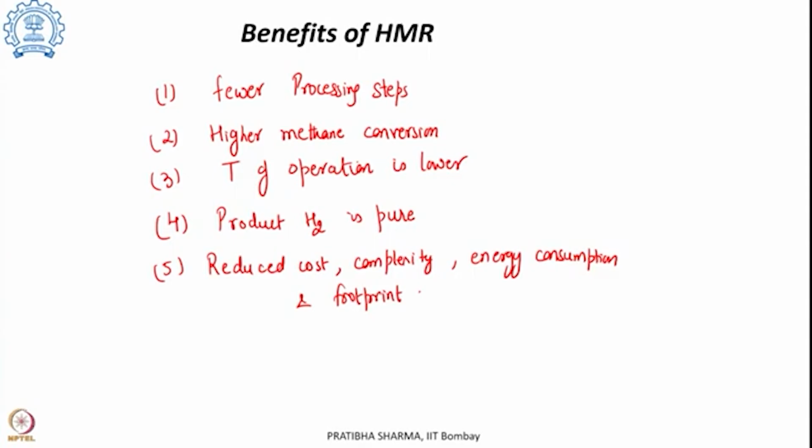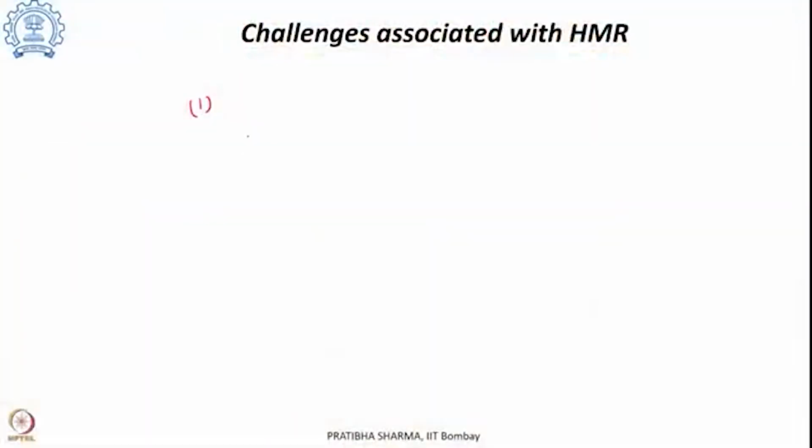With all these benefits, there are also certain challenges associated with this method of reforming. Because of the sintering of the catalyst, the membrane pores get blocked, which can prevent further permeation of the hydrogen.